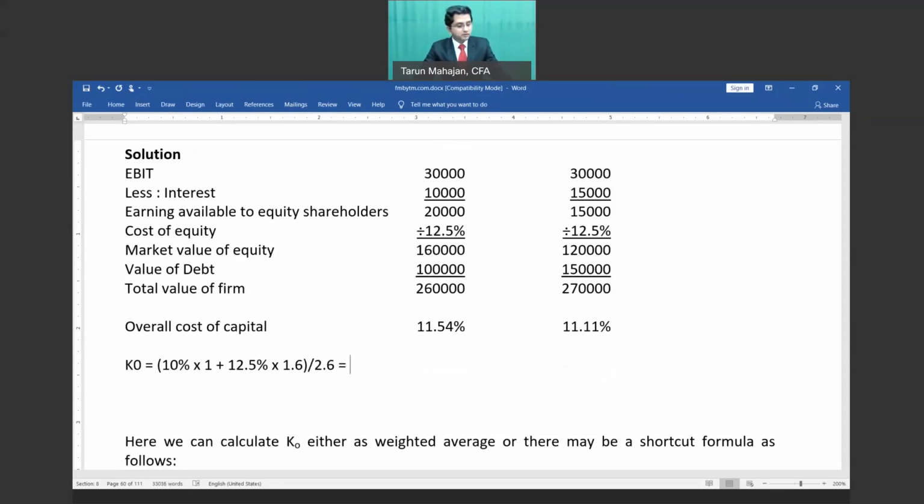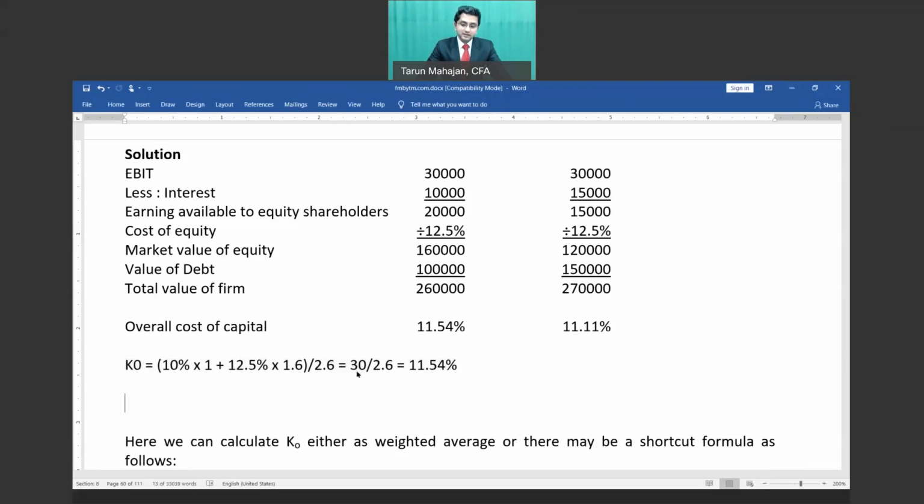So the numerator here will be 12.5 into 1.6 plus 10, 30 divided by 2.6. Calculate this. So 11.54%. This is the overall cost of capital.